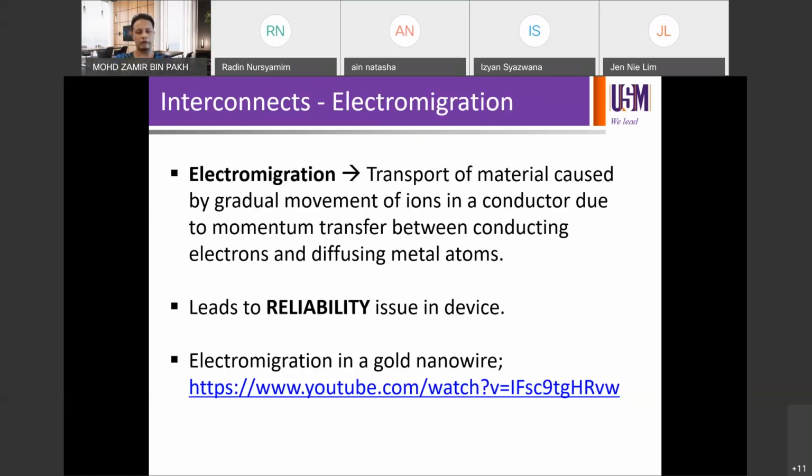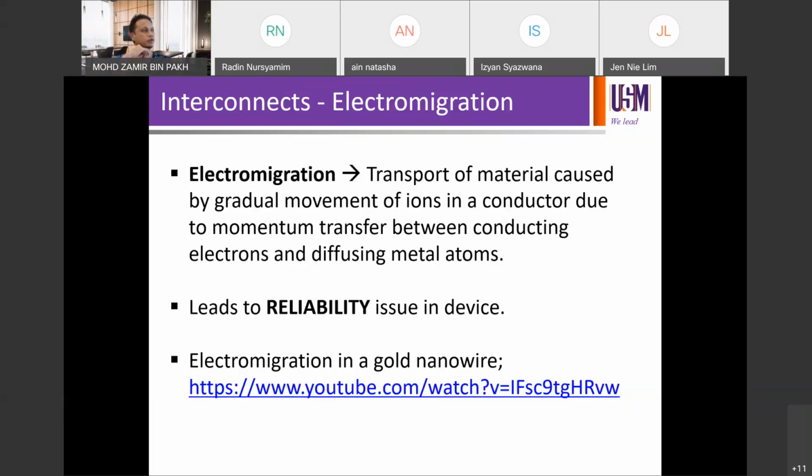So we're going to have movement of atoms in the conductor, in our metal contacts, due to the flow of electrons. That's essentially what it means. Due to the flow of current, which consists of electrons as the carriers, and momentum transfer during the transport, we have movement of atoms off the conductor, which could lead to a reliability issue.